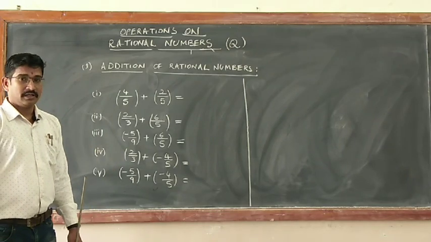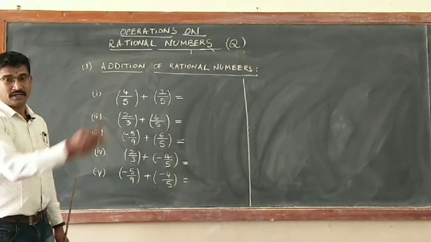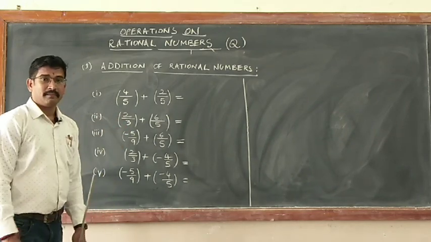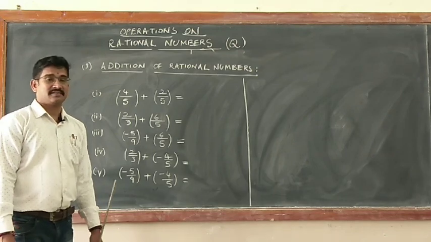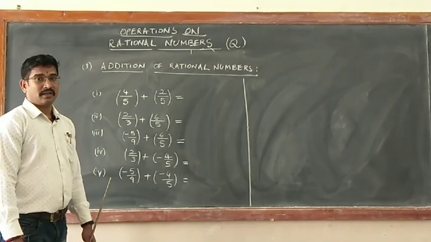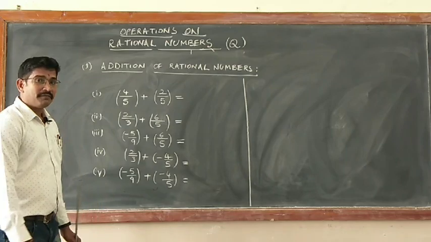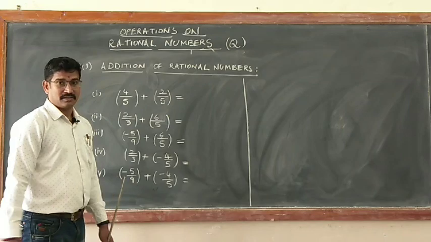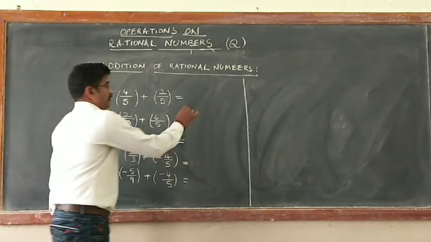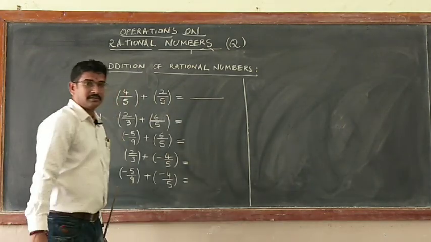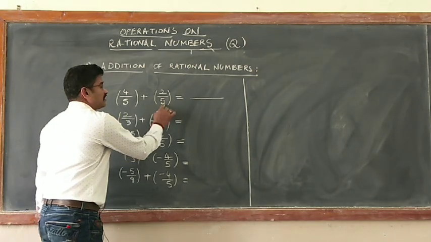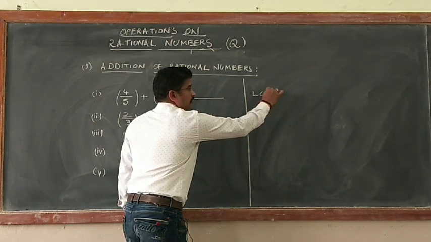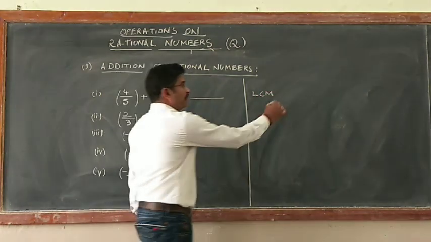And moreover, how to do addition of any 2 positive rational numbers when the denominators are the same? We learned in our previous classes, 6th and 7th standard, adding 2 rational numbers. Whenever we add any 2 fractions or rational numbers, we need to take the LCM of these denominators. What is the LCM of these 2 denominators?